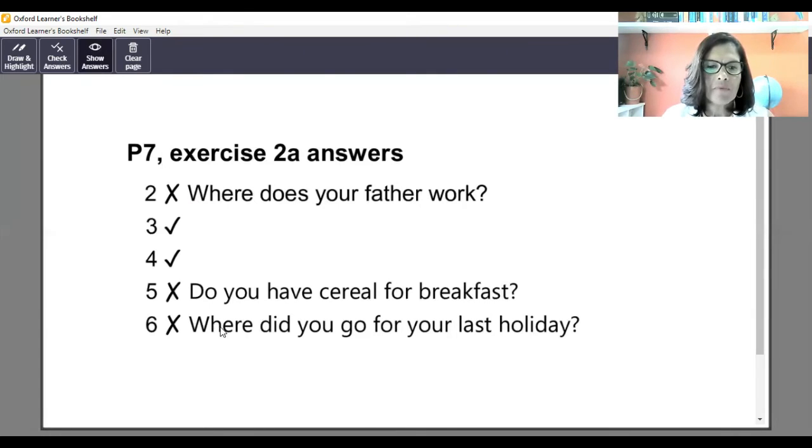And here, I can't put the verb go in the past because it's a question. I need to use auxiliaries with the verb in the infinitive. So where did you go for your last holiday? Okay, guys? Let's move on. Don't worry, because we're going to see this in more detail now.